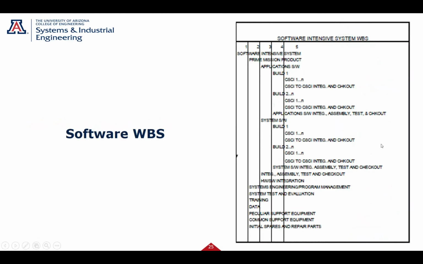Or if you're doing software, they'll typically give you an example WBS for a software package. So different examples in the book are good starting points for you. Generally speaking, if you go to a company, bigger companies especially, they're going to have WBSs you can start from and learn from.